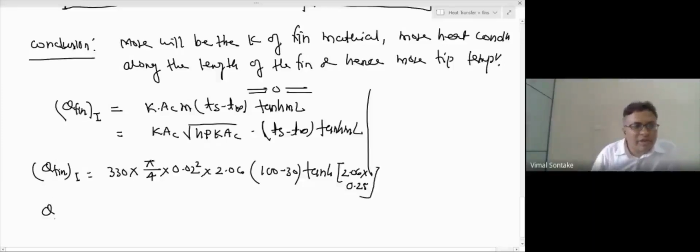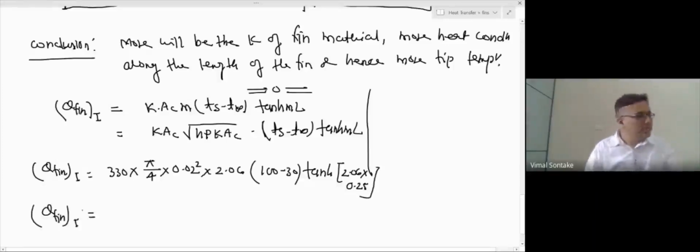So heat transfer rate from the fin in case 1, that is if it is made up of copper, will be 7.084 watt. Answer number 2.